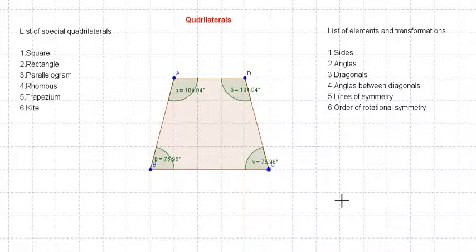So when we describe an isosceles trapezium, we'd better add that the other pair of sides are equal to each other and they are not parallel.